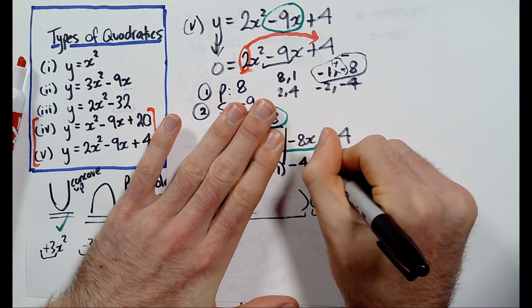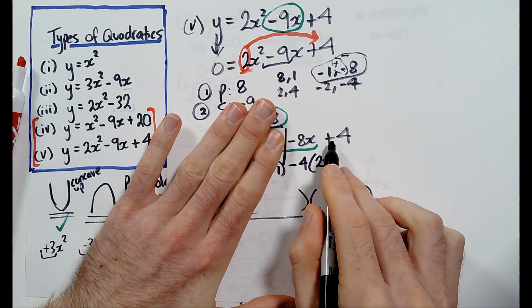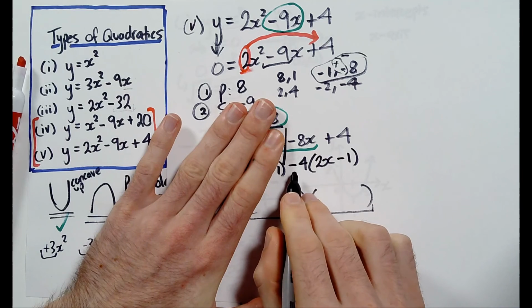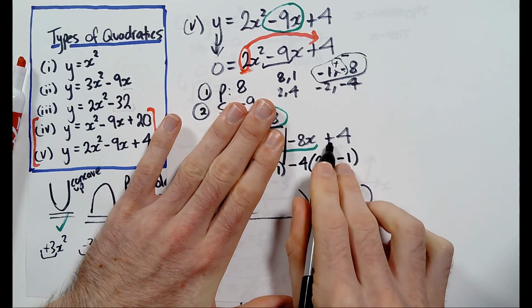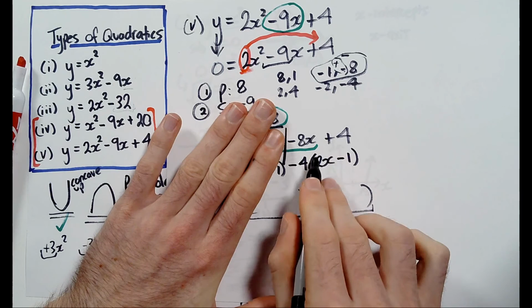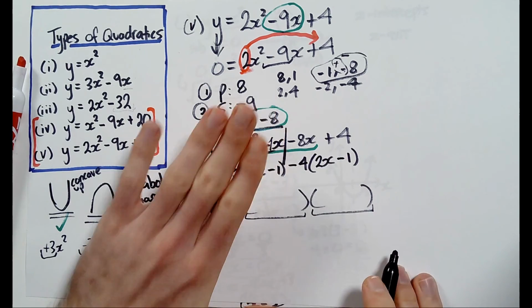Well, it's 2x. And then negative 4 times what equals positive 4? Well, it's negative 1. The reason it's negative 1 is because a negative and a negative gives the positive. So you can't put a positive there even though there's a positive there. Because we took the negative out, you have to correct now by making it a negative times a negative to get back to the positive.